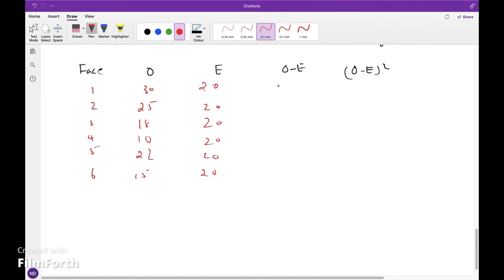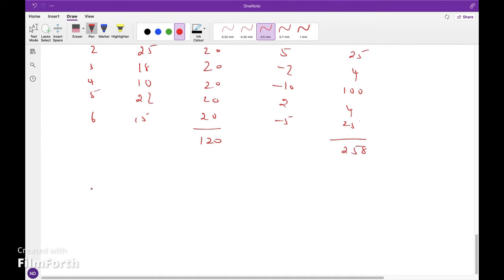O minus E: 10, 5, minus 2, minus 10, 2, minus 5. O minus E the whole squared: 100, 25, 4, 100, 4, 25. The total is 258, and the expected total is 120.